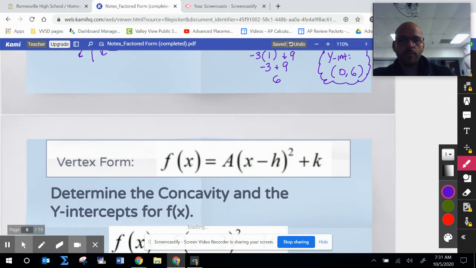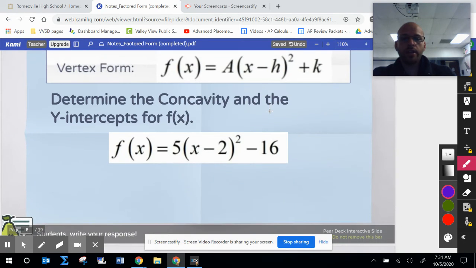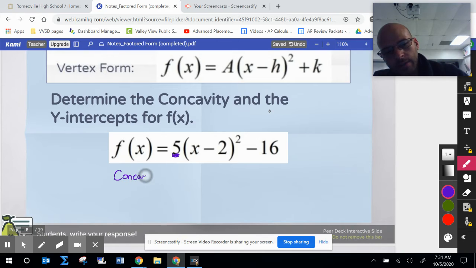Now, here's another one. So I want the concavity and the y-intercept for this function. So feel free to pause. Try to do it on your own. So I have a positive coefficient, so that's going to be concave up.